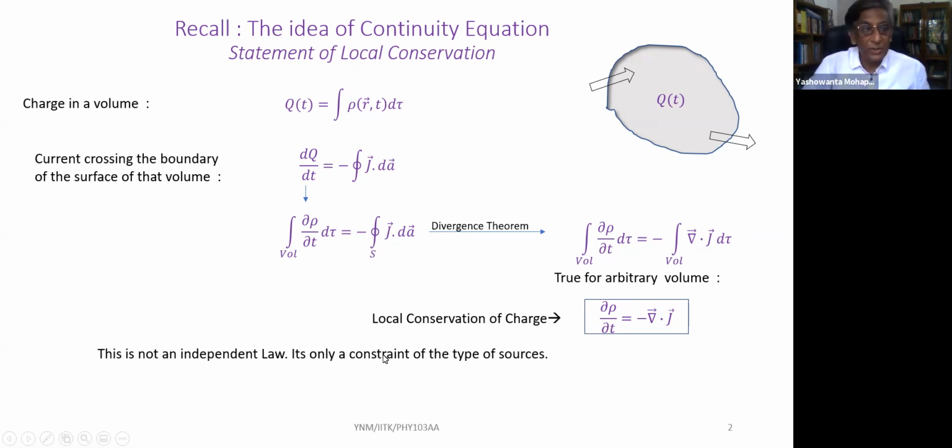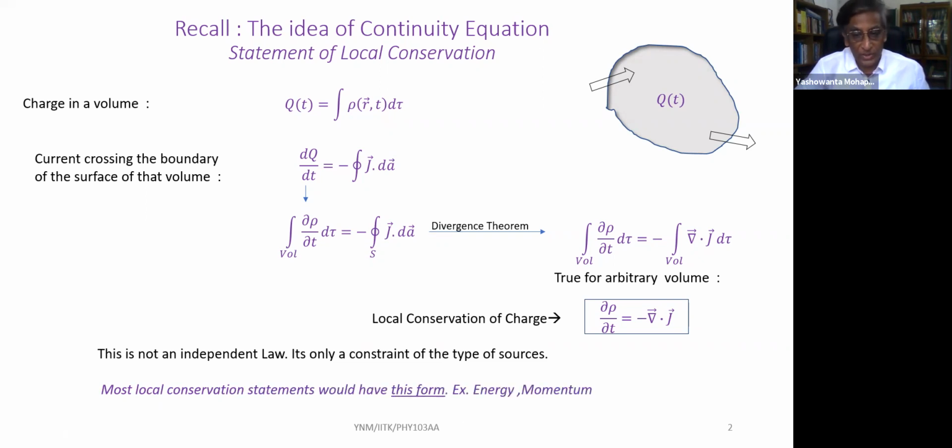So it's a constraint, and it can actually be derived. Most local conservation statements would have this form, for example energy, momentum, even angular momentum, and so on and so forth. So that's the motive, and our special emphasis would be on the continuity equation for energy in the electromagnetic field.